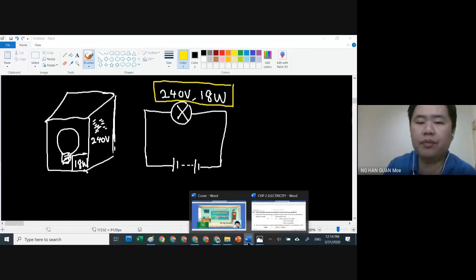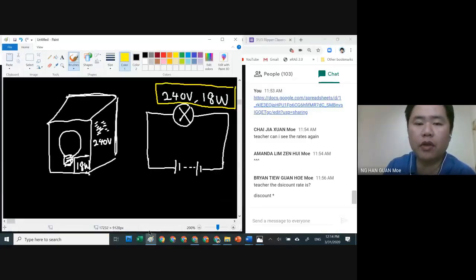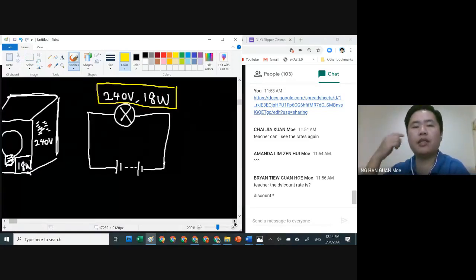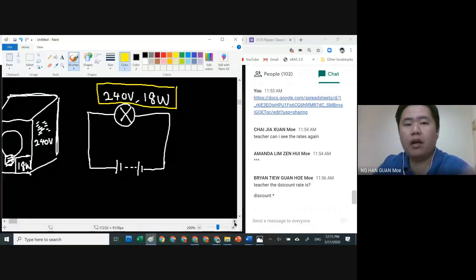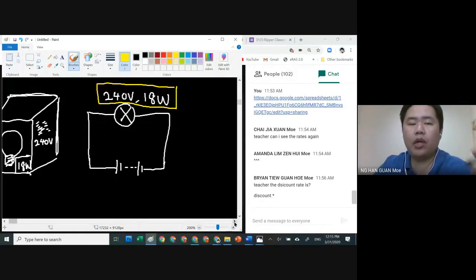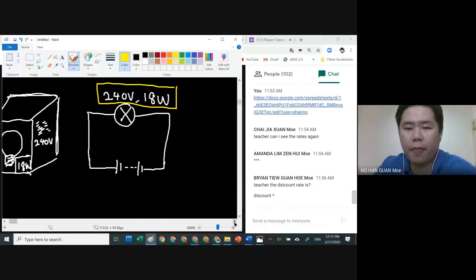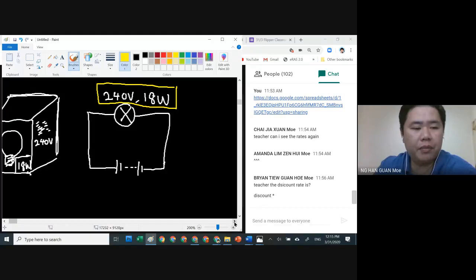Try to respond. What's the meaning of this 240 watt and 18 watt? How are you going to answer? Structure question. Anyone would like to try? The question is only asking, what is the meaning of this power rating label, 240 watt, 18 watt? Come, I'm waiting for the answer.